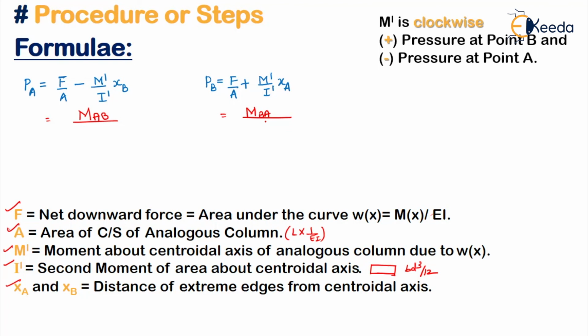Then create your analogous column and put the mx by EI diagram onto it. Once you are done with that, you have to find your pressures. For finding your pressures, first find your F and m dash. Once you are done with finding your F and m dash, put it in these formulas to get your pressures. The pressures are nothing but your end moments in a given beam. Okay, so in the next lesson onwards, we'll start solving problems related to your column analogy method.